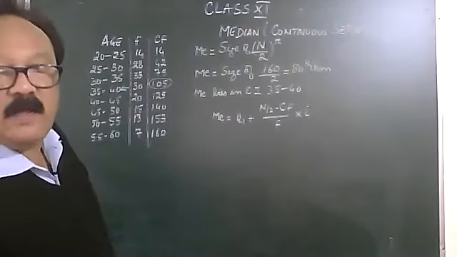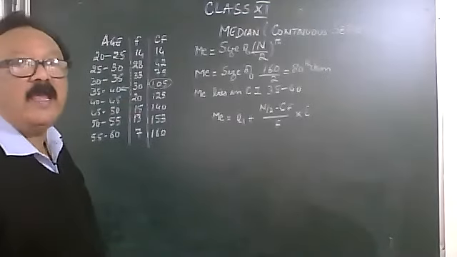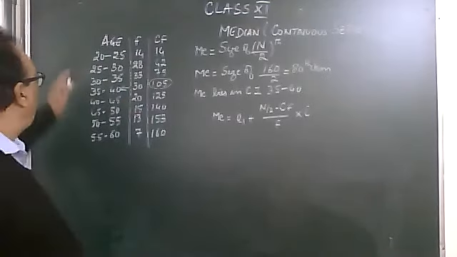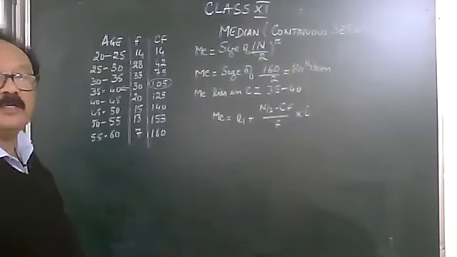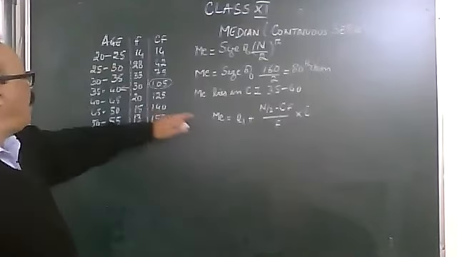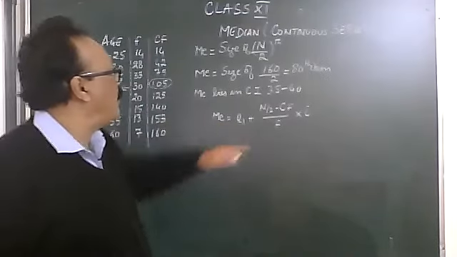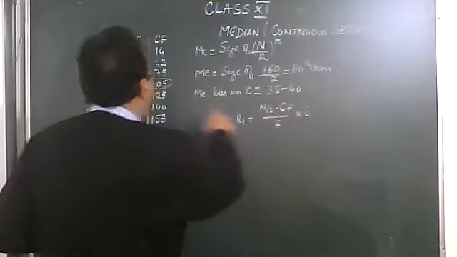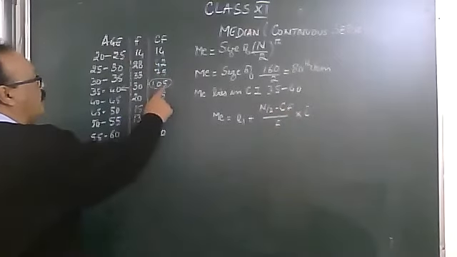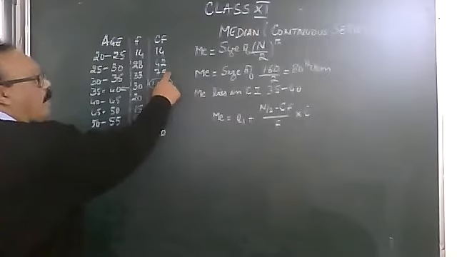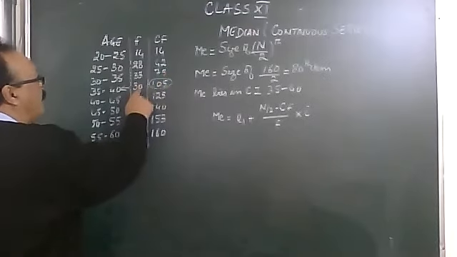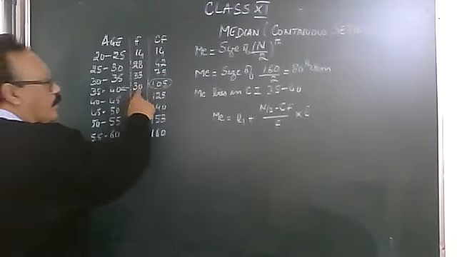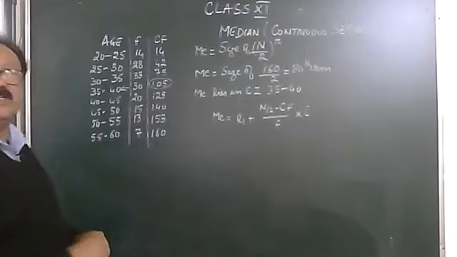And I stands for the class interval. Have you understood? L1 stands for the lower limit of the class. We know it lies between 35 to 40. N by 2 we write over here, 80 lies here. So CF will be the one above, and frequency will be the one in front of it. I is the class interval.